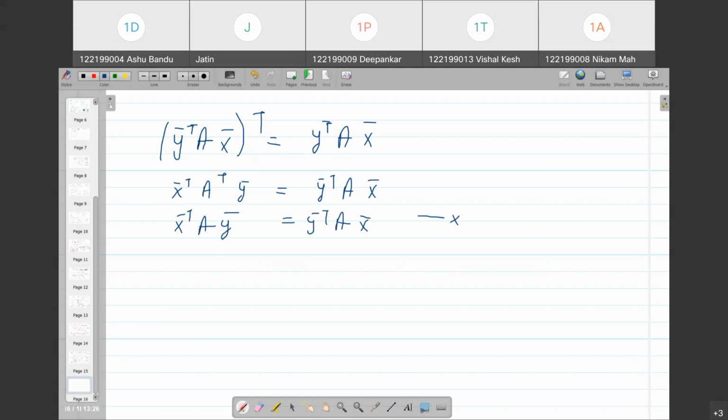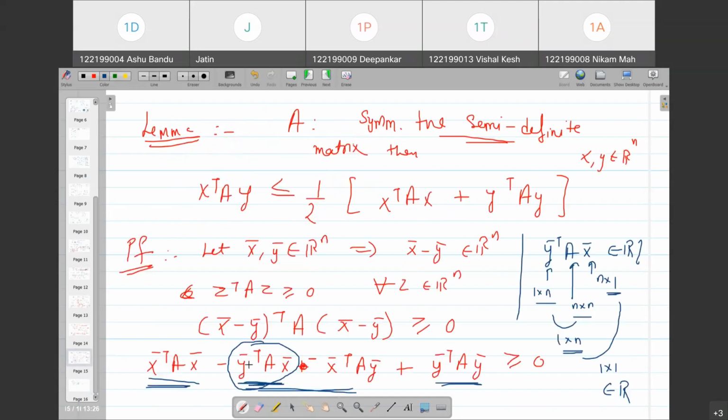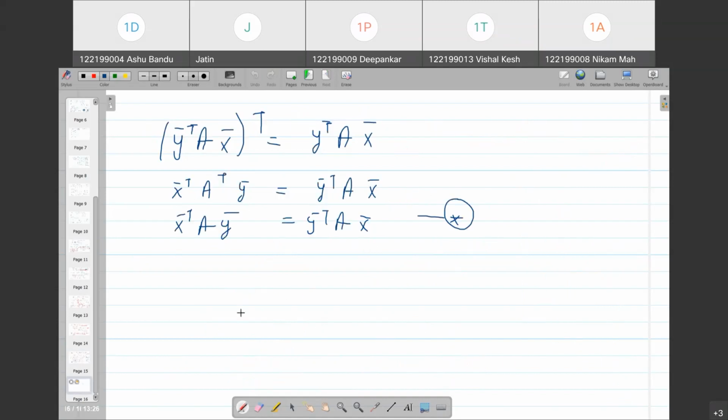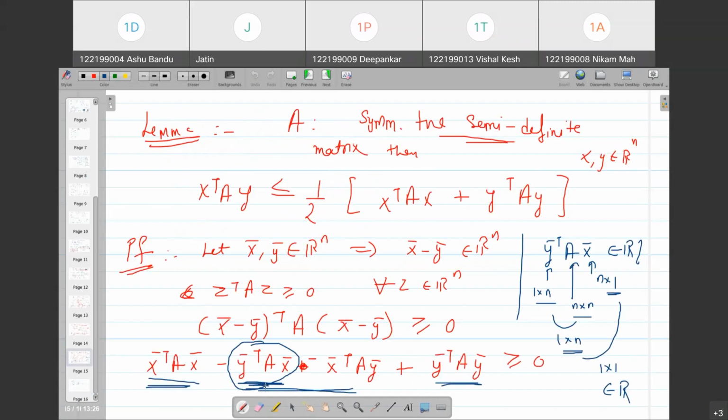So if I substitute this star in the given equation, Y bar transpose AX bar is X bar transpose AY bar. Both the things are the same. Since both of them are the same, minus minus is minus 2 times.